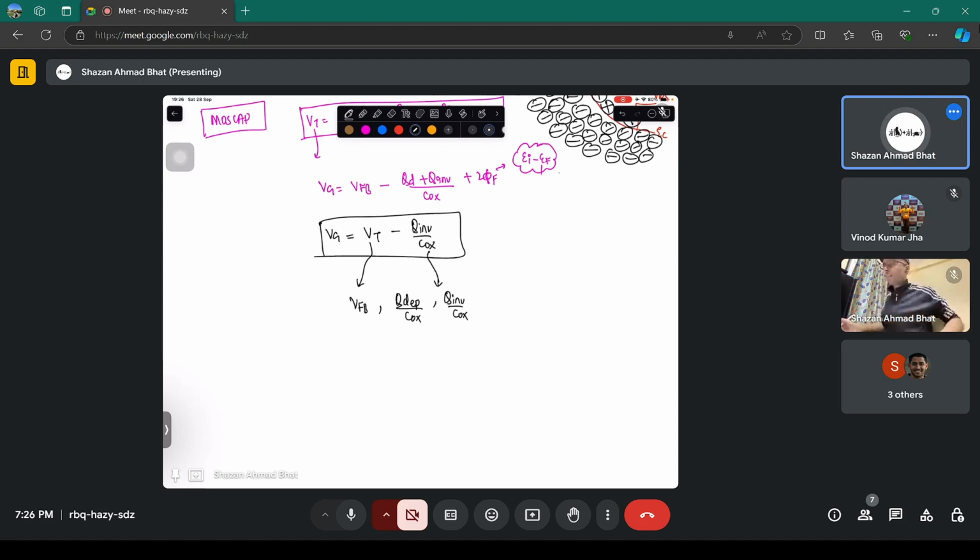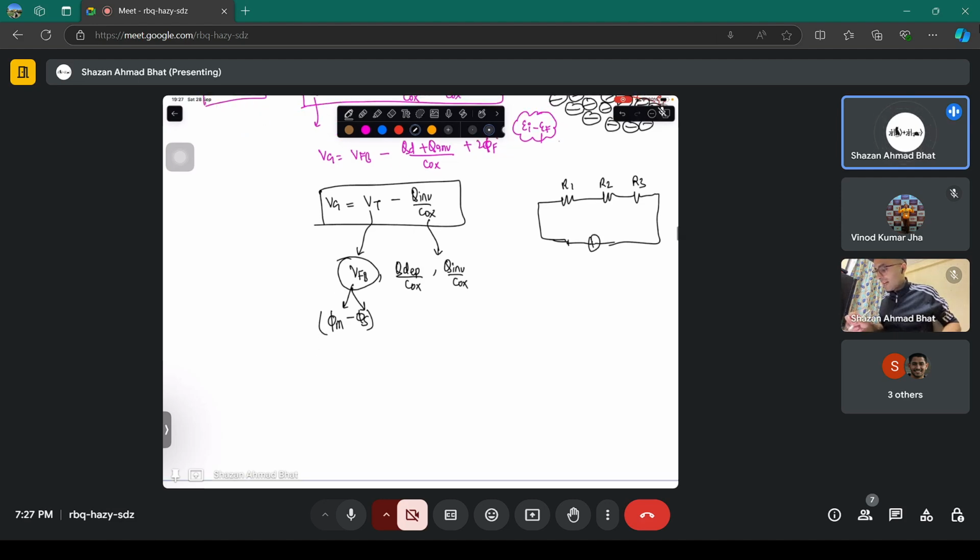It's just like KVL. You have a voltage source, and you have certain resistors, and you will have voltage drop across resistance R1, R2, R3. Okay, so the first drop will be because of flat band. You have to make the bands flat, which depends upon the work function of metal and work function of semiconductor, its difference, and it depends upon whether there is any fixed charge inside the oxide. You have to make all the bands flat.